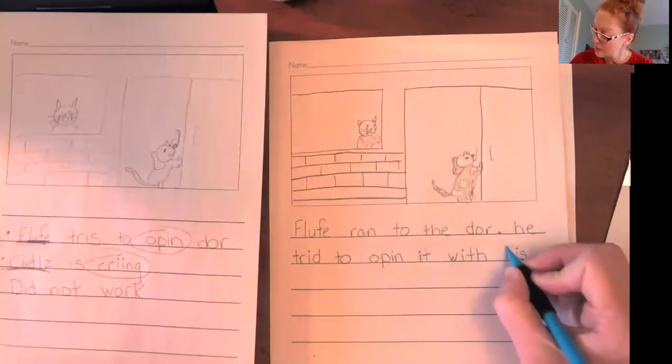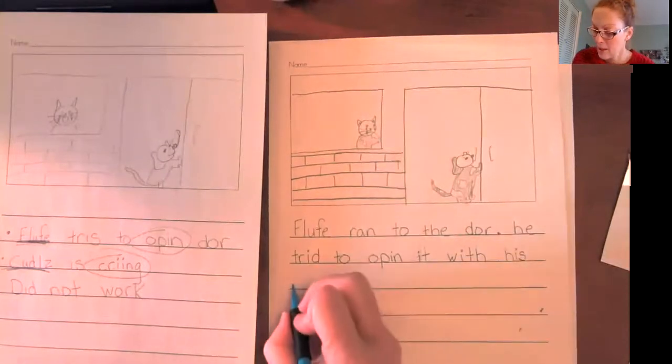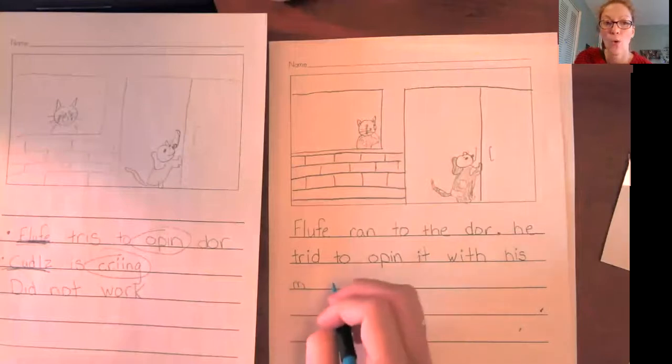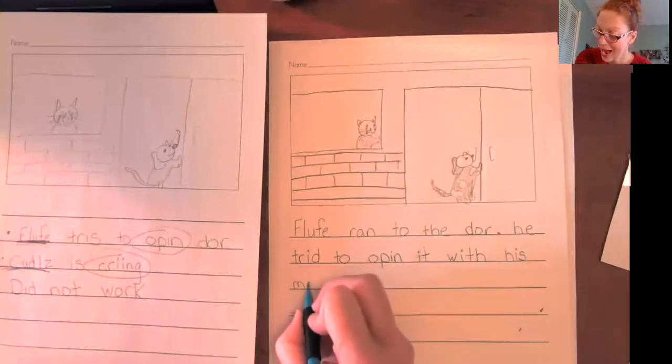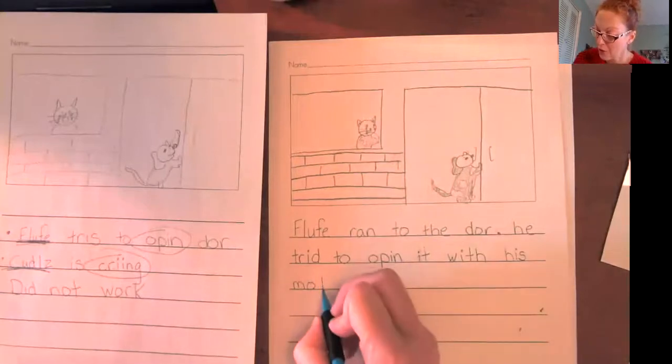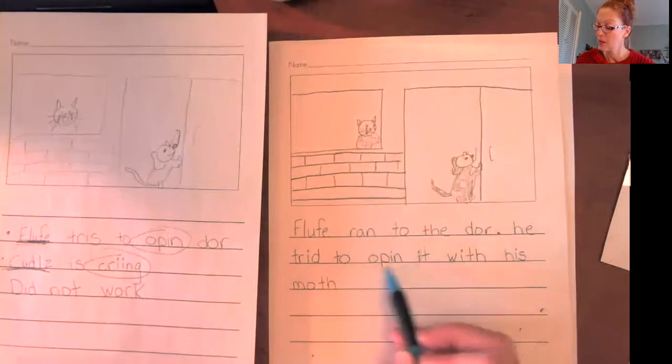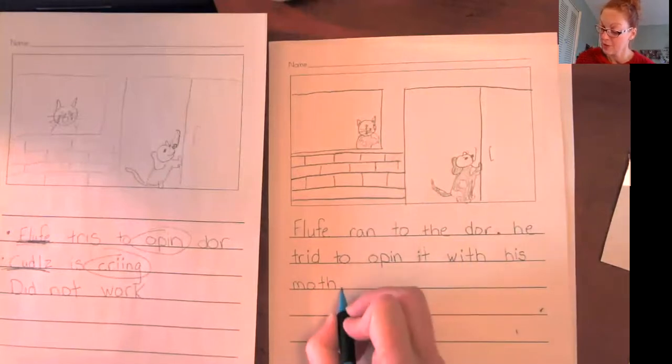With his mouth. Ow, ow, ow. His mouth. He tried to open it with his mouth.